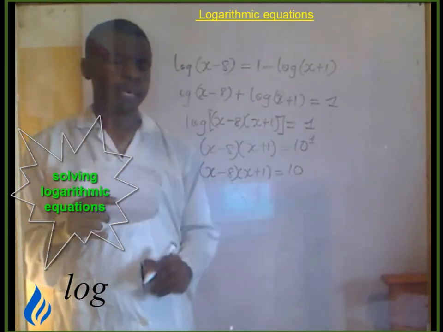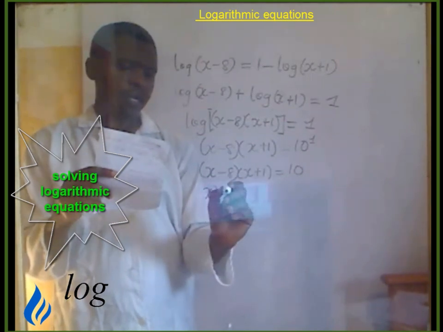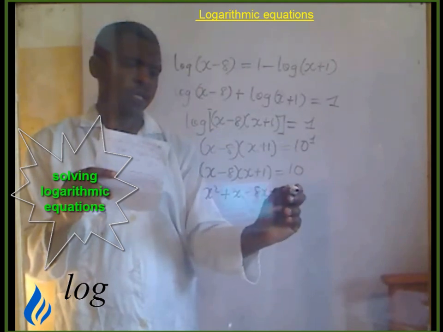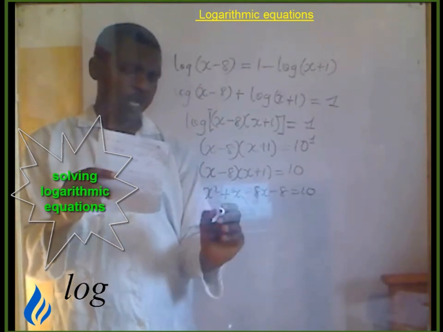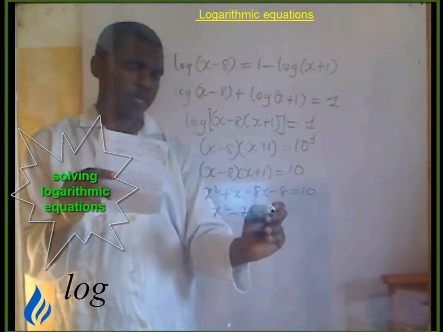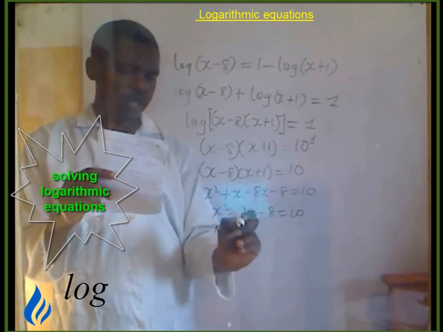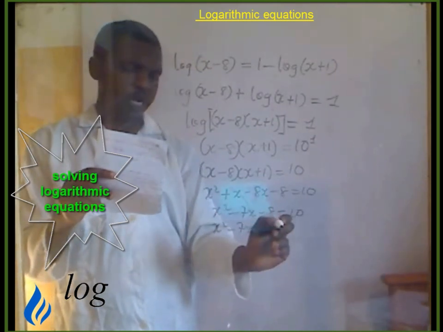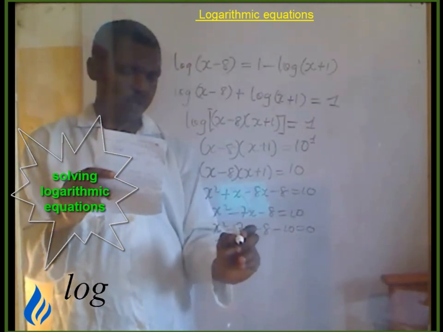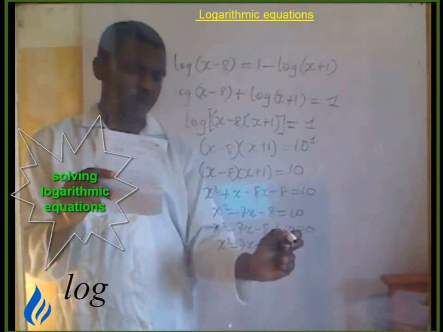I have to open the brackets here. This will give us x squared plus x minus 8x minus 8 is equal to 10. Simplify this. x squared minus 7x minus 8 is equal to 10. x squared minus 7x minus 8 minus 10 is equal to 0. x squared minus 7x minus 18 is equal to 0.